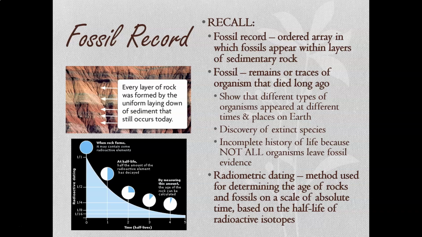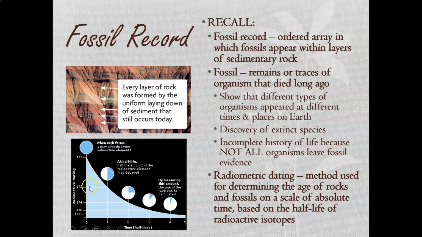So these show all sorts of different types of organisms. They give us an idea approximately when they would have appeared on Earth based on index fossils, based on the layers themselves. And then we can also radiometrically date and get a much more accurate time frame as opposed to just looking at those layers and getting approximate times.